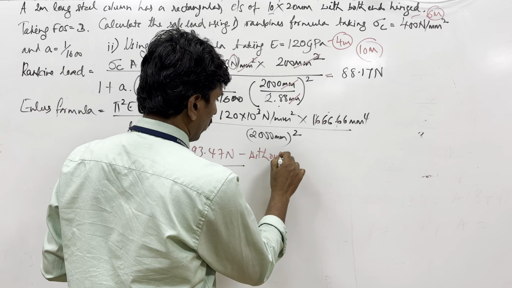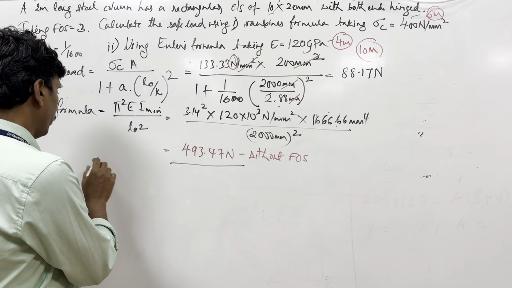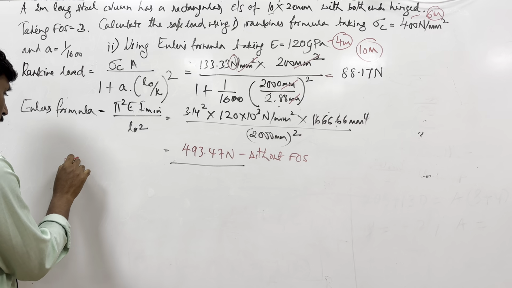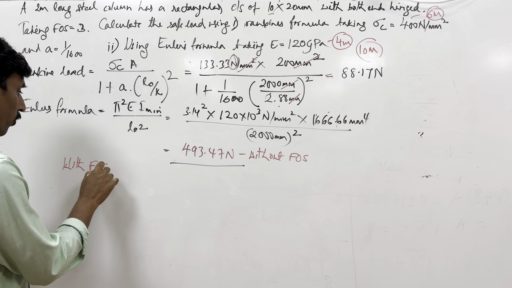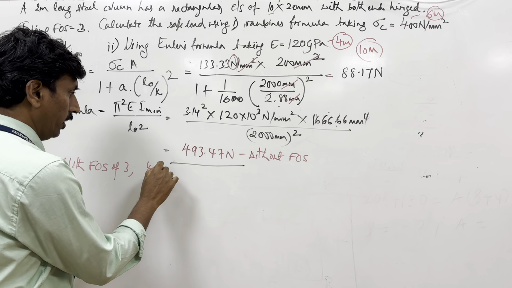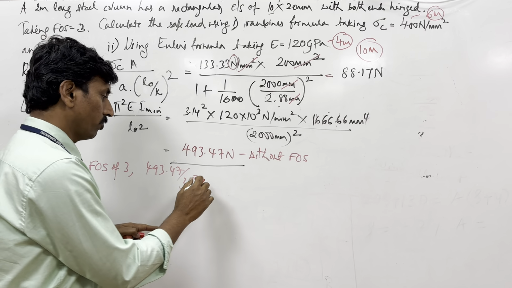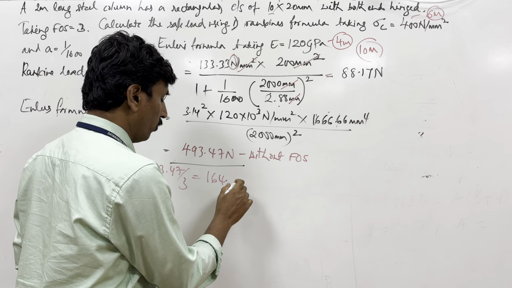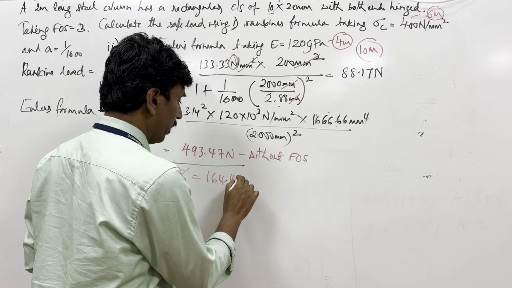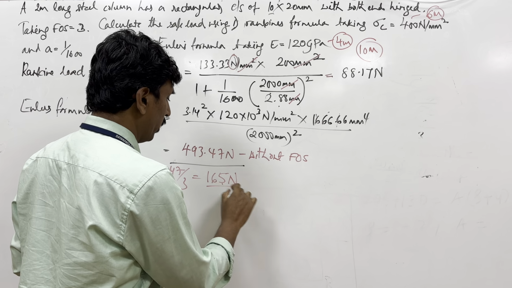So this is without factor of safety. And with factor of safety of 3, 493.47 divided by 3. How much is the answer? 164.49, which you can call 165 newtons.